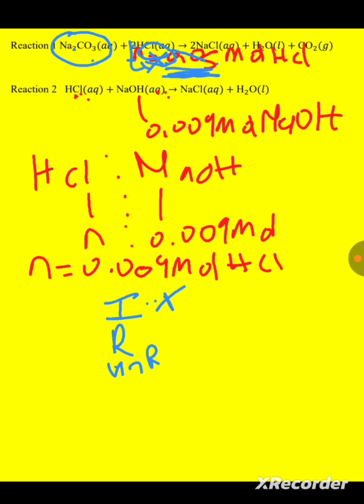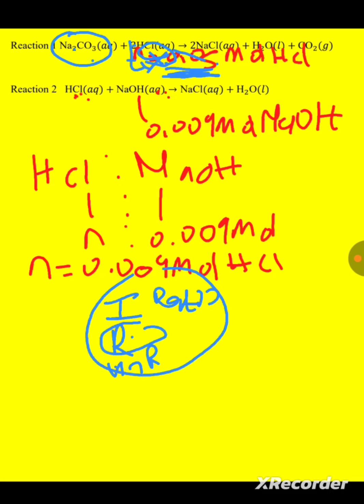Initial number of moles cannot be used in a ratio. The unreacted number of moles, you cannot either. So the only number of moles that we are allowed to use in a ratio is the reacted number of moles for the excess reactant.